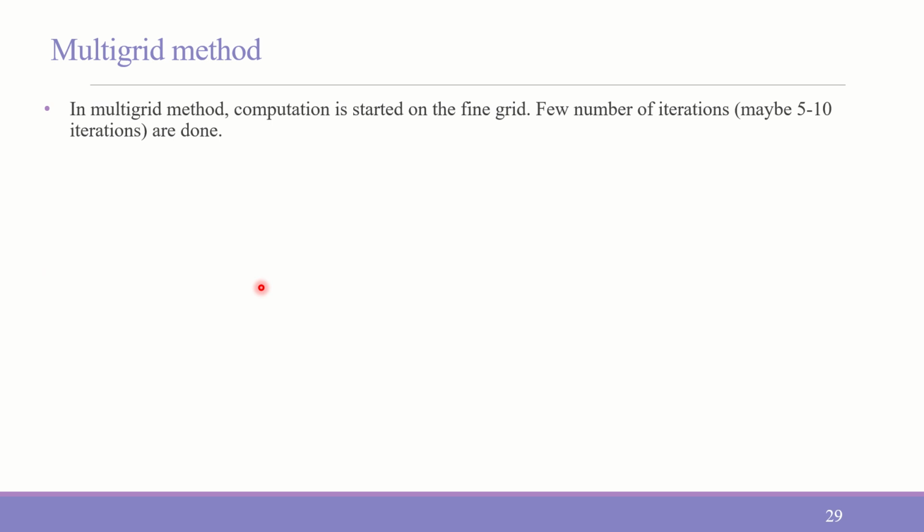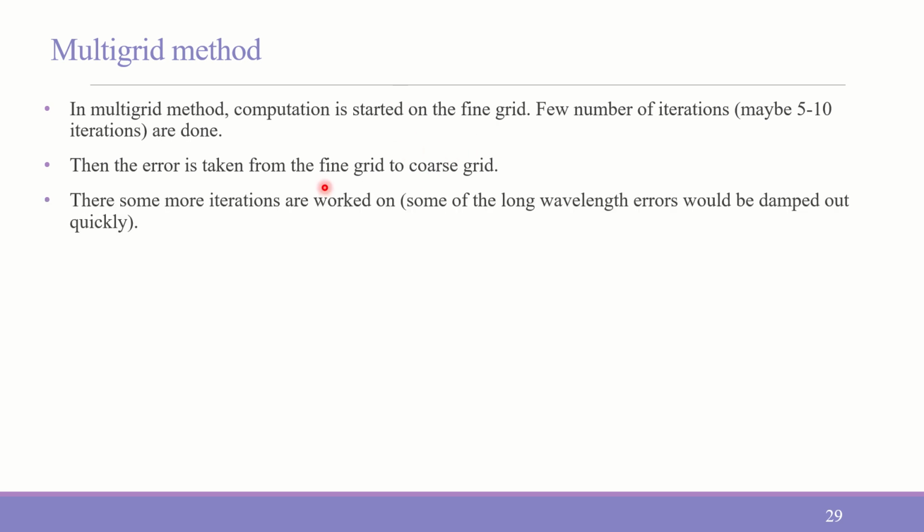The computation is actually started on a finer grid. We carry out a small number of iterations, say 10 iterations, and we pass the error from the finer grid to the next coarser grid. Then we again do some iterations in that coarse grid.